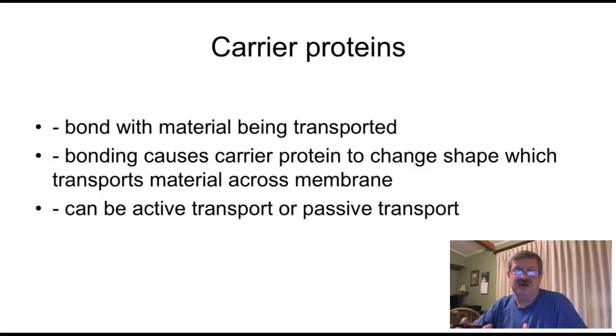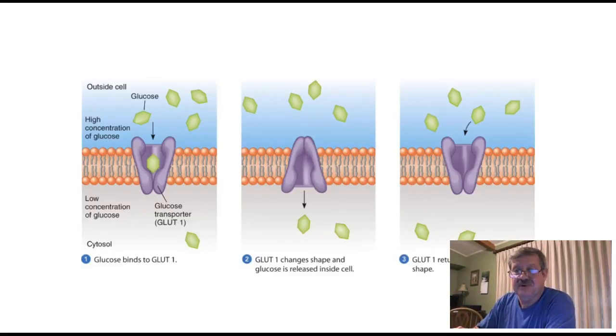The protein goes back to its original shape and is ready to pick up another molecule to be transported. And this form of transport can be either active transport, meaning the cell uses some of its energy to cause this to happen, or it can be passive transport, which means the movement happens on its own. The cell doesn't have to use any of its energy to cause the movement to happen.